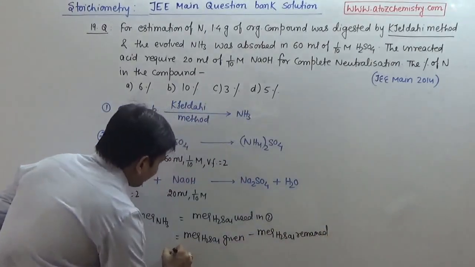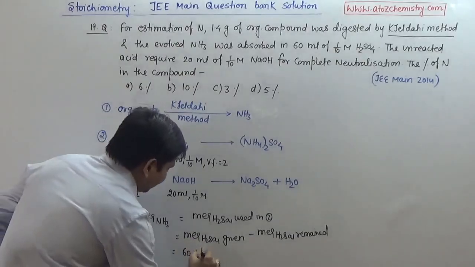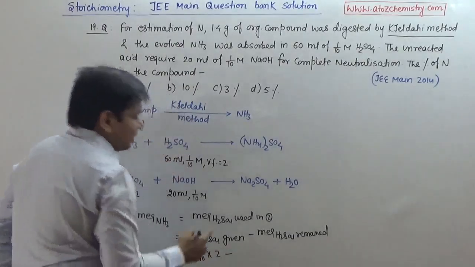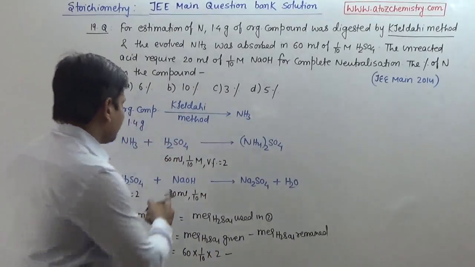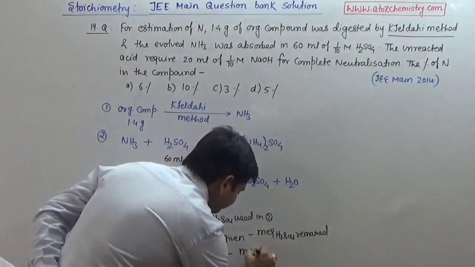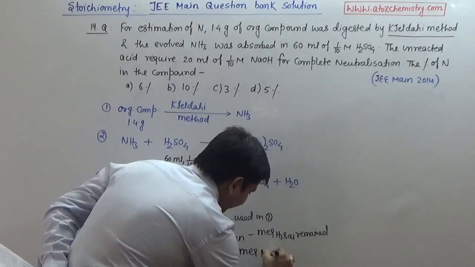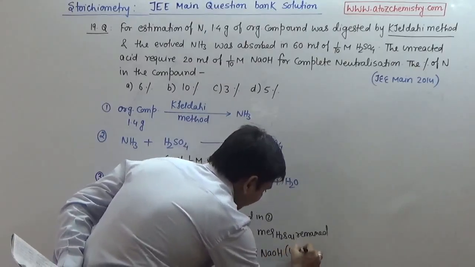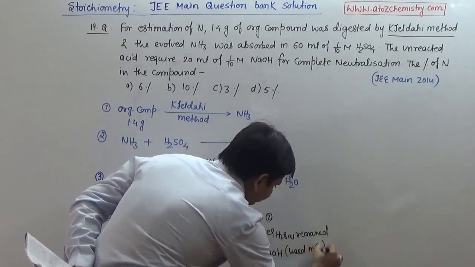Now milliequivalent of H2SO4 given is 60 into 1 by 10 into 2, minus milliequivalent of H2SO4 remained, which was milliequivalent of NaOH used in 3.